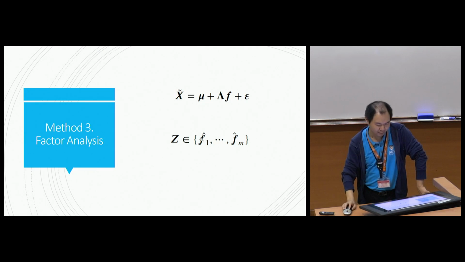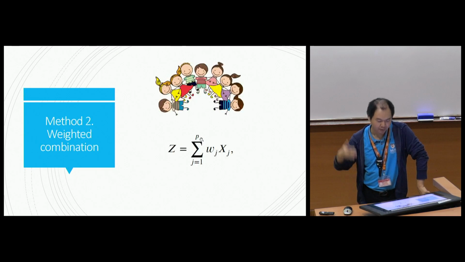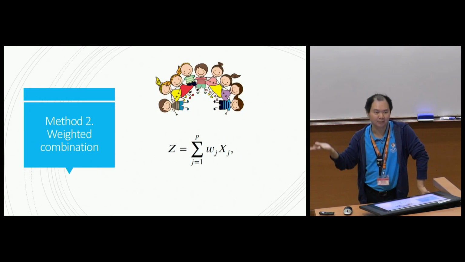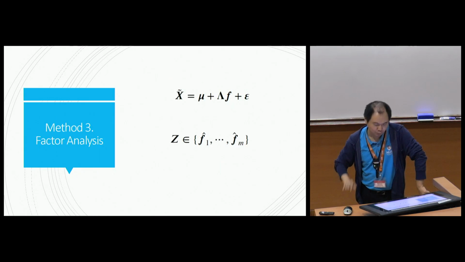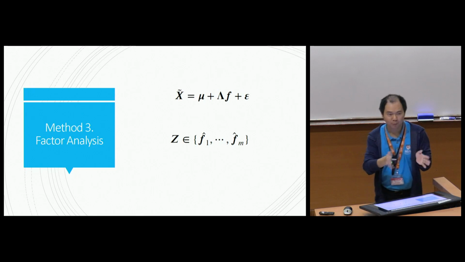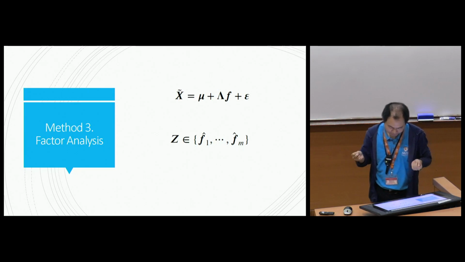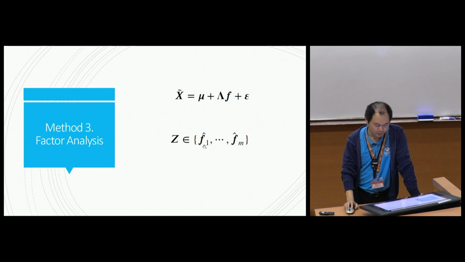Each factor is constructed as a linear combination of X, but the weights are constructed based on the factor analysis. So it's a very automatic procedure, and those weights automatically incorporate the variance, the information of your data sets. So it's a very simple idea.